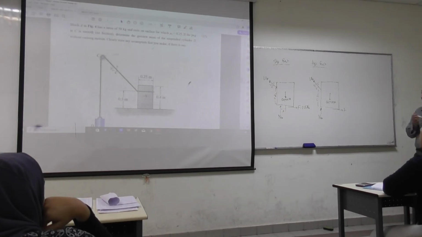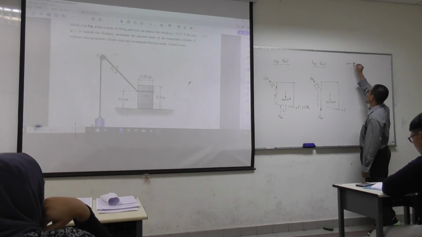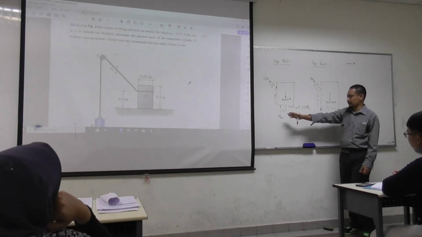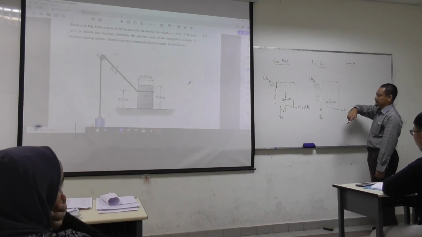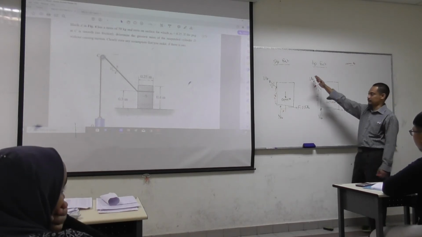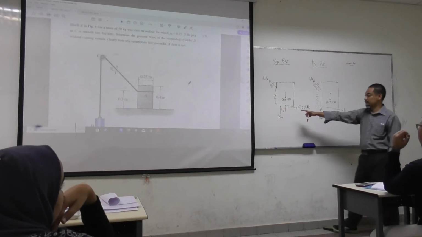So then there are three possible ways, right? One is if you assume slip first. Then you draw the free body diagram, and then how to check?